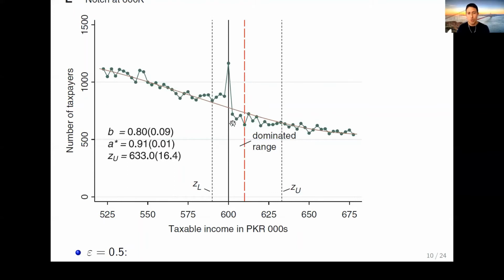What these authors show is that the amount of bunching at that particular point of the schedule reveals that the elasticity of taxable income is equal to 0.5. That basically says that if you increase that marginal tax rate by 1%, individuals in Pakistan reduce their income by 0.5%. That's what this elasticity is saying.